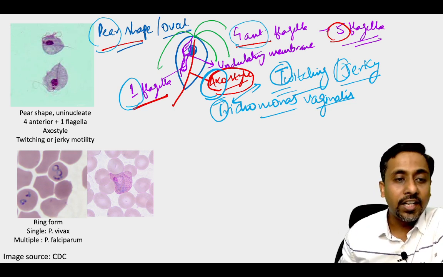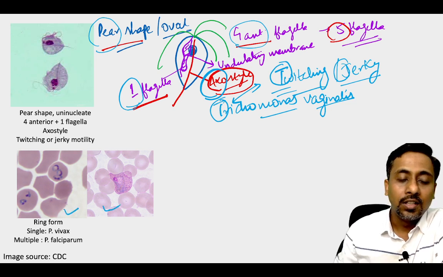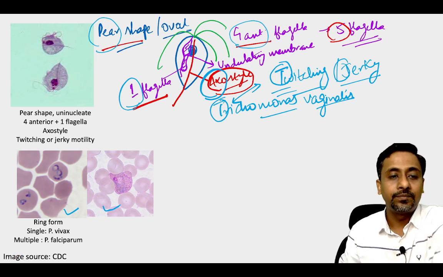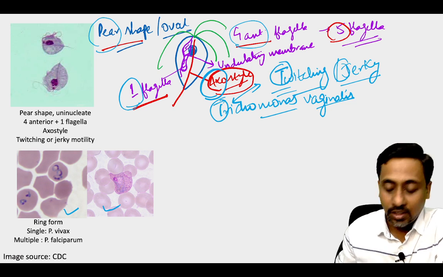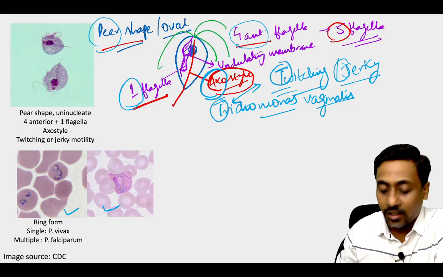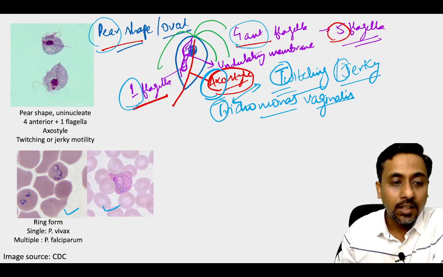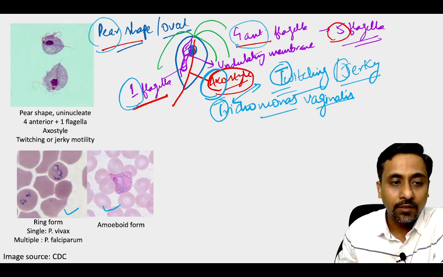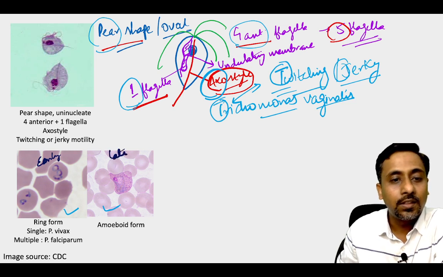Now the next image, there are two images you can see, first, second. So these two images are the trophozoite of Plasmodium, and the first image is the early trophozoite form, and this is the late trophozoite form.